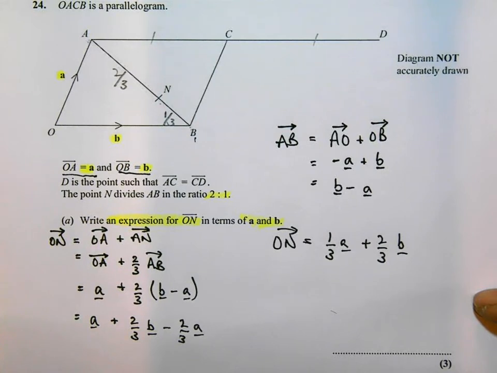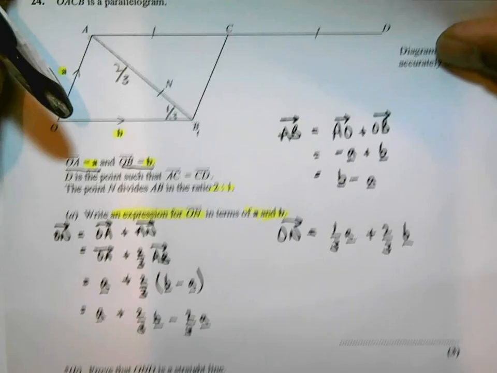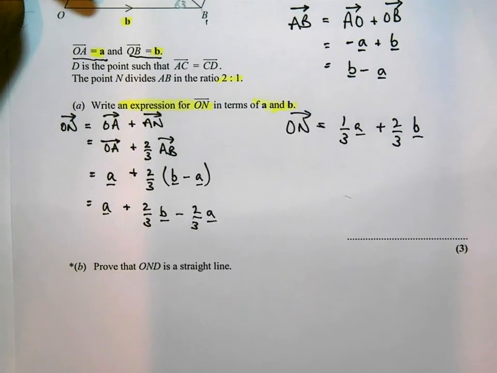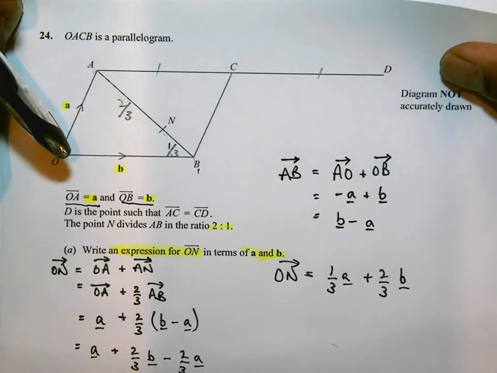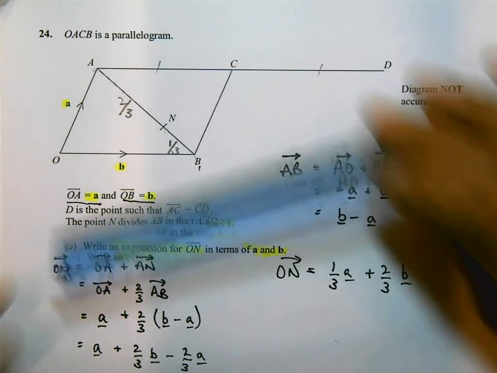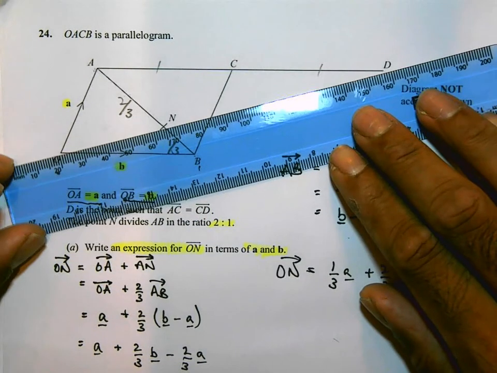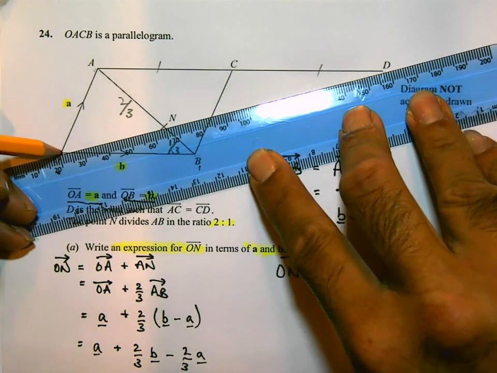Part B, if I just move this sheet up a bit, says prove that OND is on a straight line. Now, I can't prove it by drawing this line. I actually have to prove it mathematically using the vectors.